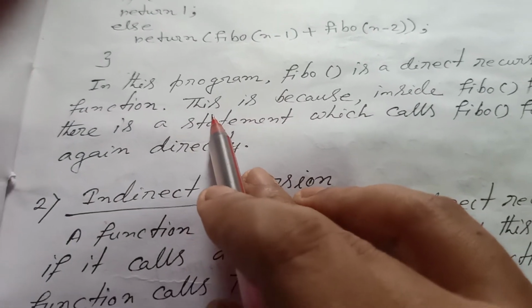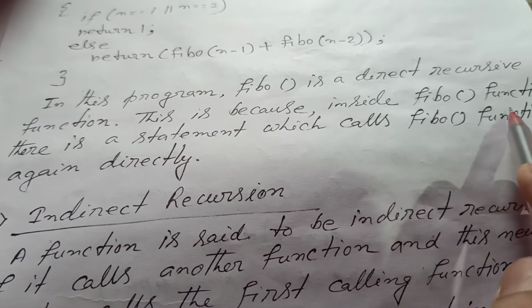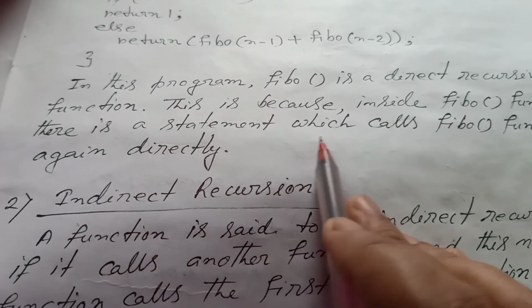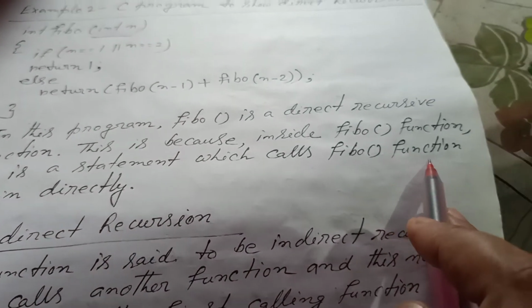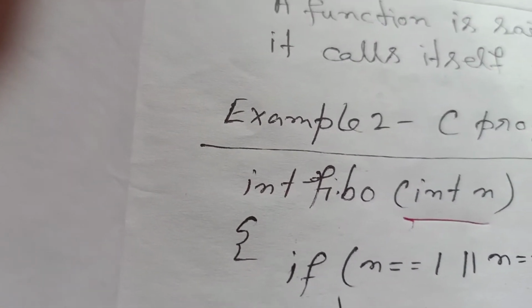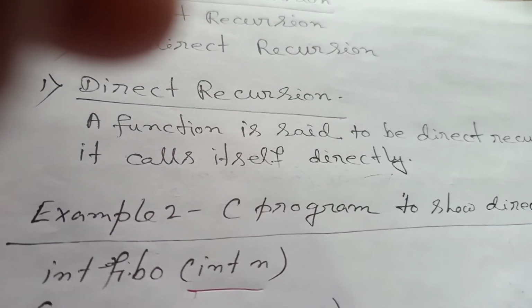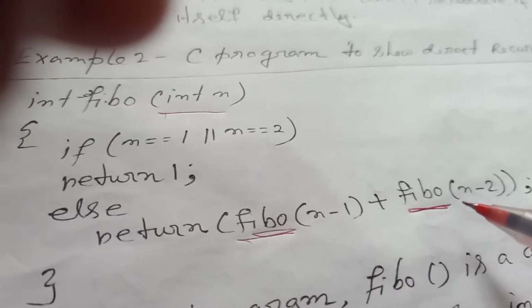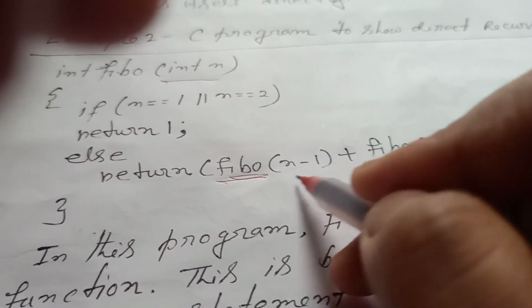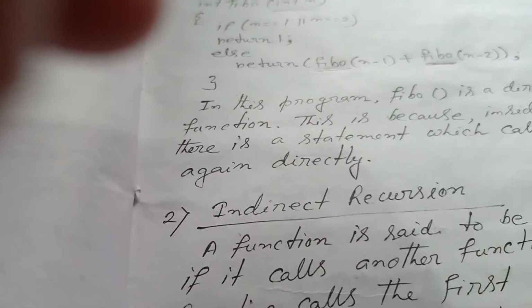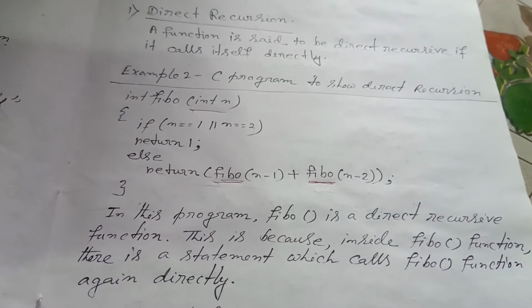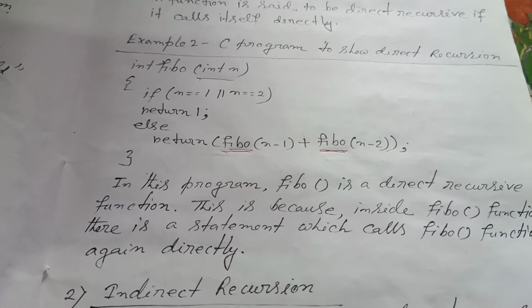This is because inside the fibo function there is a statement which calls the fibo function again directly. The fibo function calls itself directly, so this is the example of a direct recursive function.